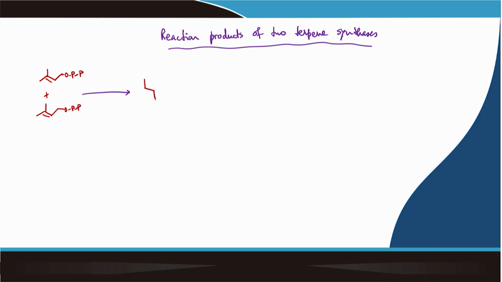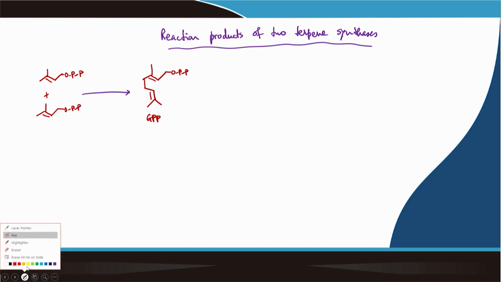So this is now the structure of GPP I am drawing. This is geranyl pyrophosphate, and this will be converted to 3S linalyl diphosphate.